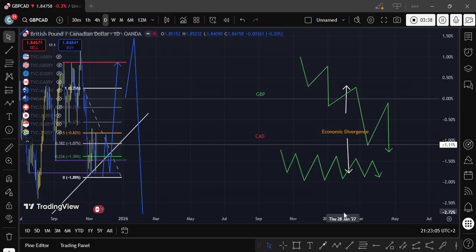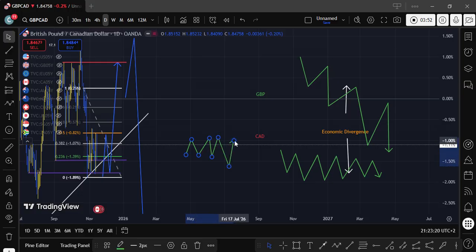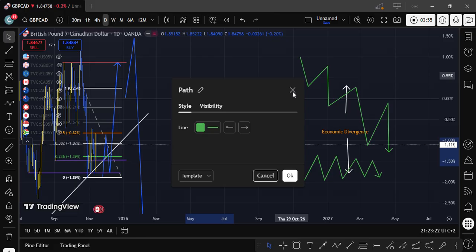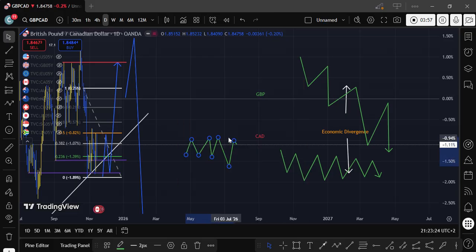So for the trade to fail, it might not be that much bullish, but it might be something like this, which is a general sideways move.